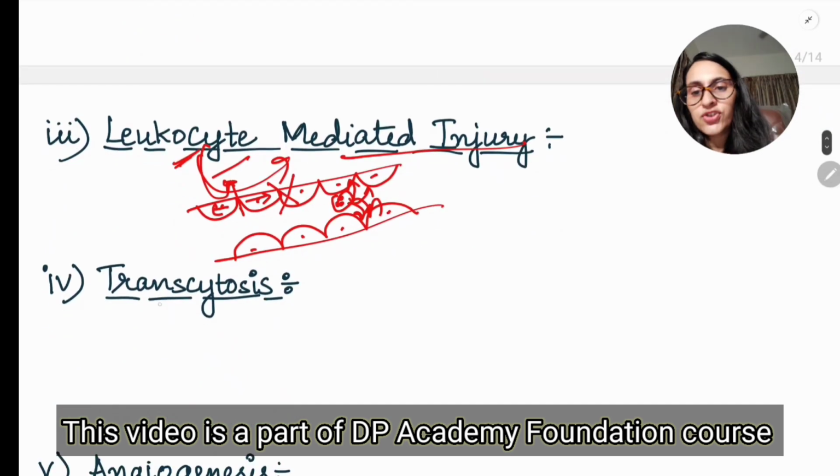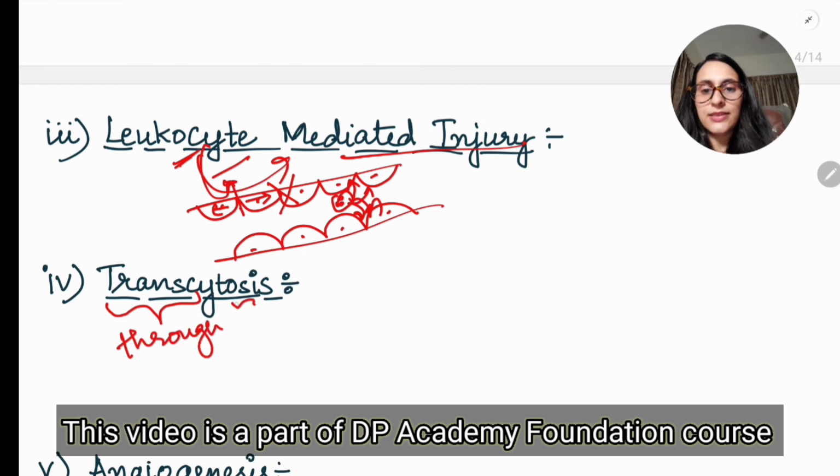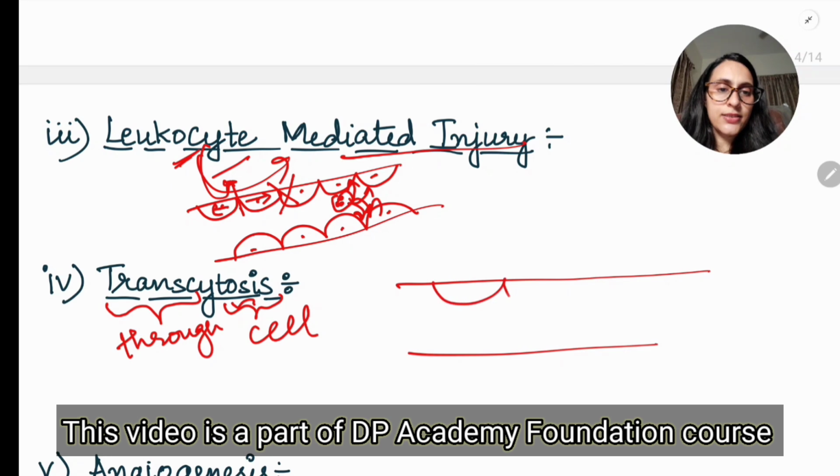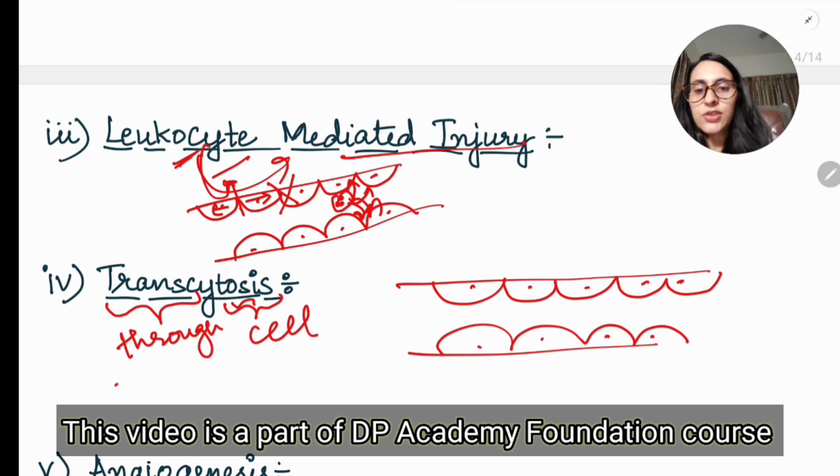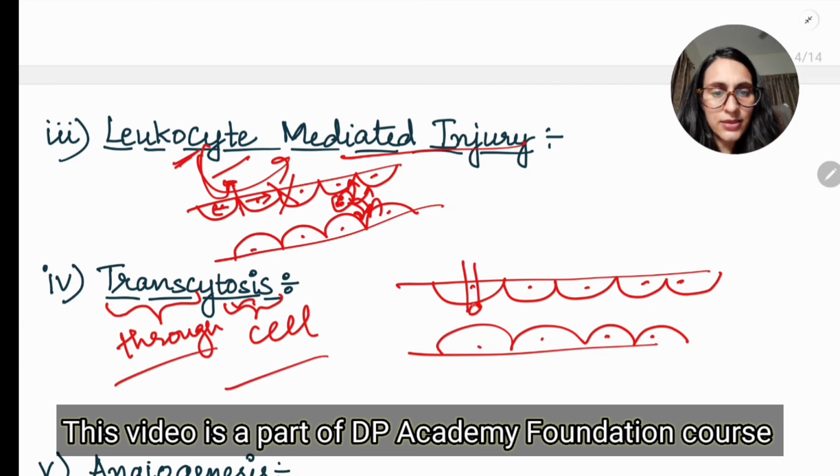The fourth mechanism is transcytosis. Trans means through and cytosis refers to cells. That means if these are the endothelial cells, this increased permeability is actually through these endothelial cells, as the name suggests, through the cell. There is some hidden tunnel present inside these endothelial cells, and these tunnels get activated and the plasma proteins and WBCs go out.